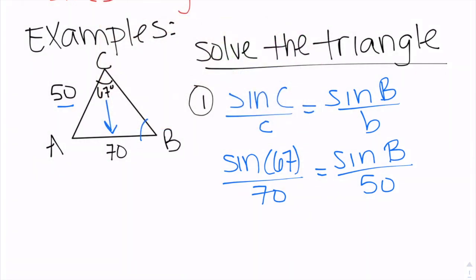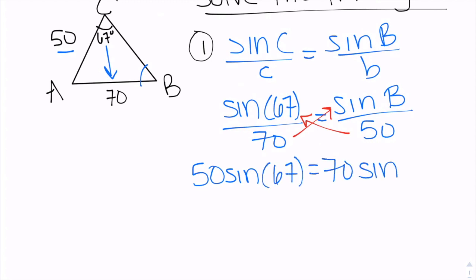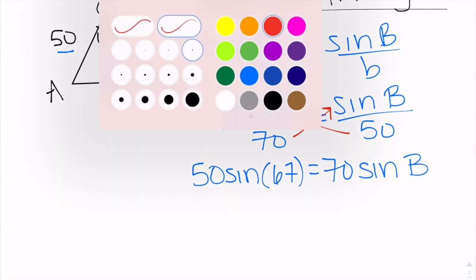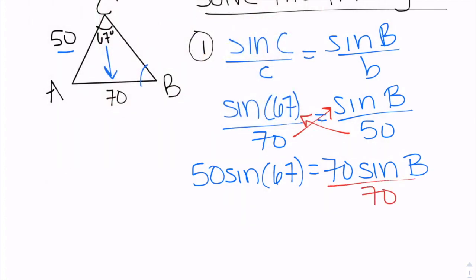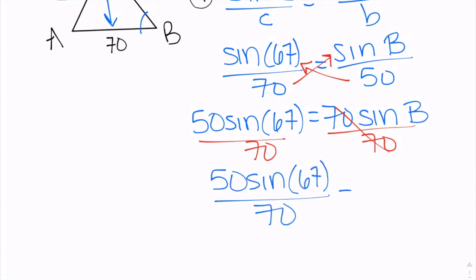Now we have a proportion here, so we're going to cross multiply, which then gives us 50 times the sine of 67 equals 70 times the sine of angle B. Now divide each side by 70 so we can get sine of B alone. And so we get 50 times the sine of 67 over 70 equals the sine of B.